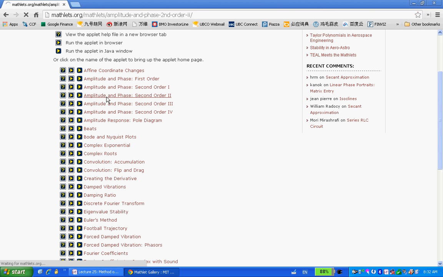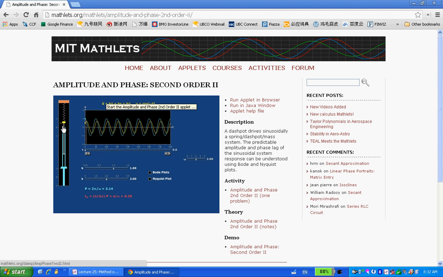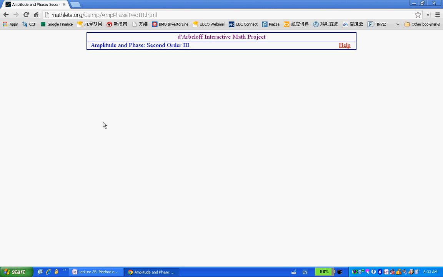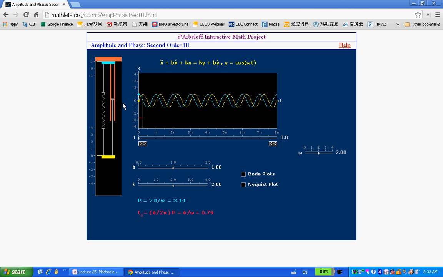The animation they're showing here uses a spring damper system. You see this is a spring damper system, but the slight difference is they don't have a mass here. It's just a spring and a damper, so you can see there's only a K and a B.